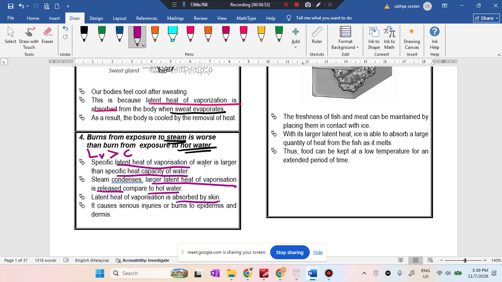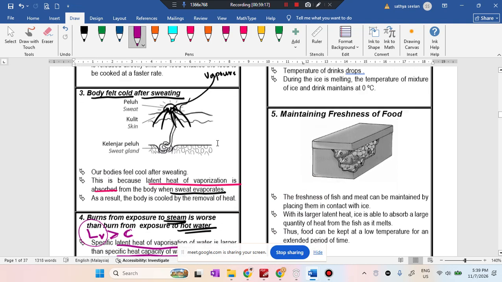Kalau kamu steam lah dia. It causes serious injuries or burn to the epidermis and dermis layer. Okay? So, your latent heat of vaporization is greater than C, and when the steam condense, larger latent heat of vaporization is released. You kena explain macam tu.